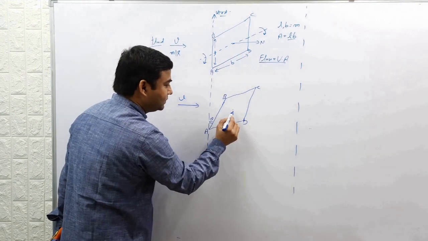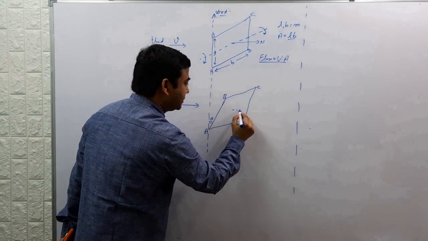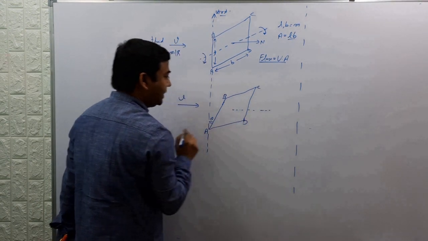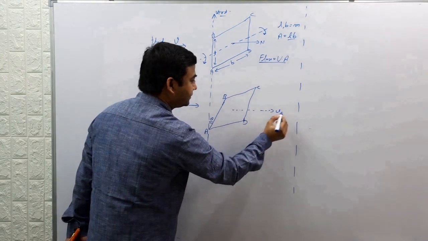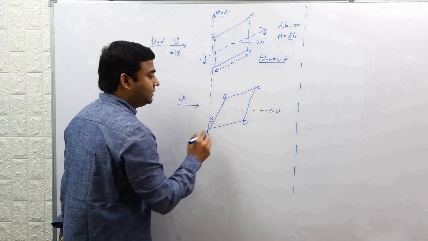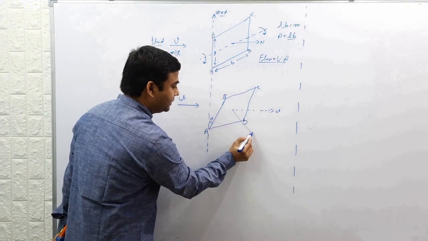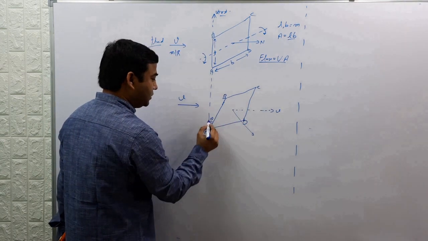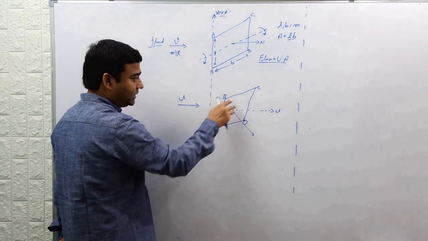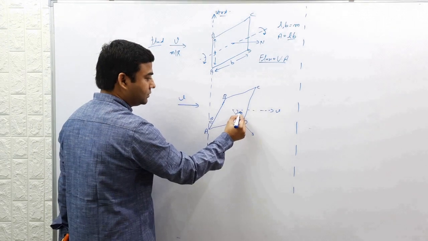This n vector which is perpendicular will also rotate by the angle. This was previous position of n, which was along the direction of v. Now the new position of n will be this. If this has tilted by theta, then n will also rotate by angle theta.